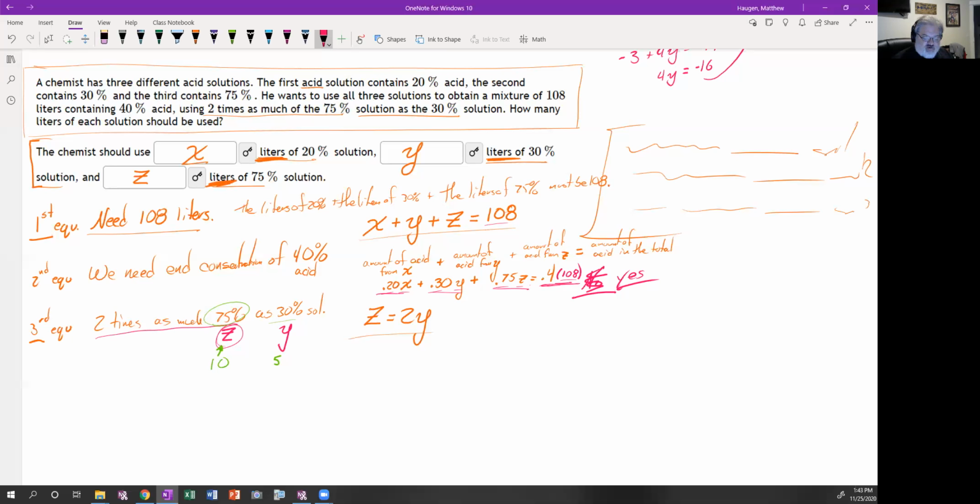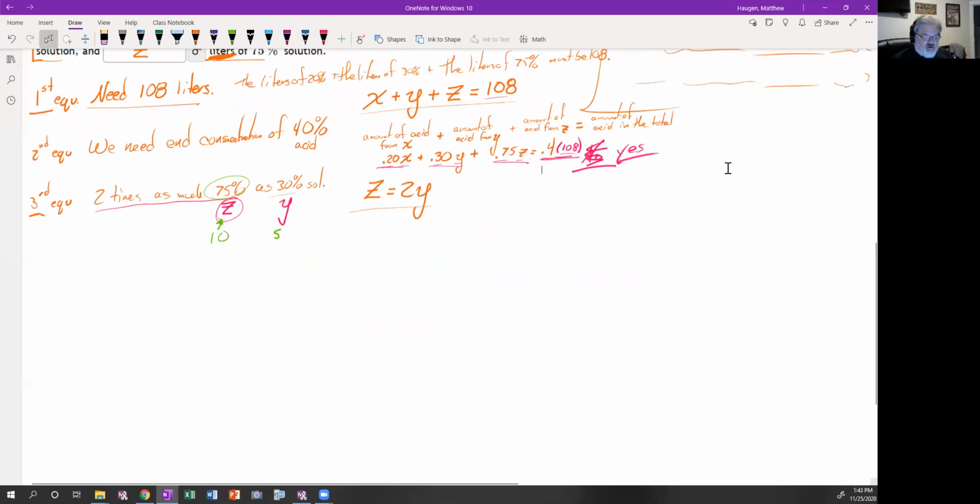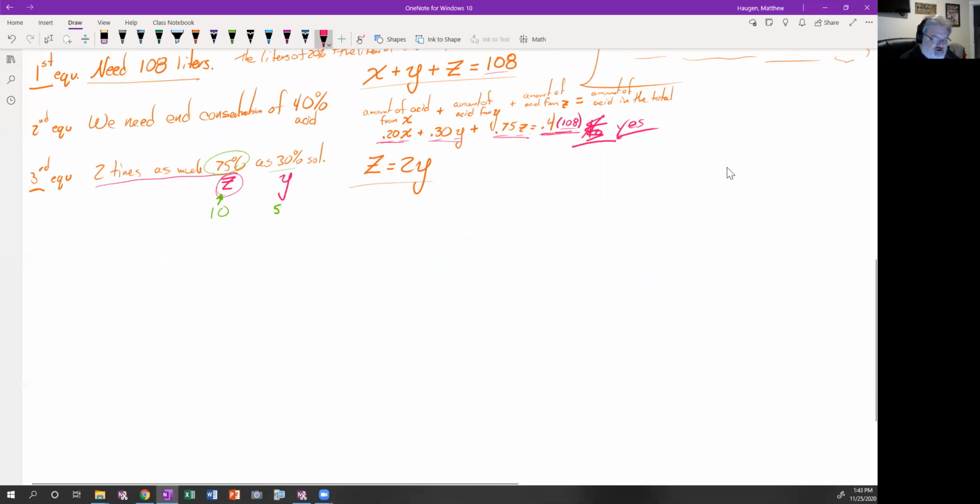But that gives us 3 equations. The first equation is in its nice form. X plus Y plus Z equals 108. That's nice. It's hard to argue with that. The other one's a little annoying.